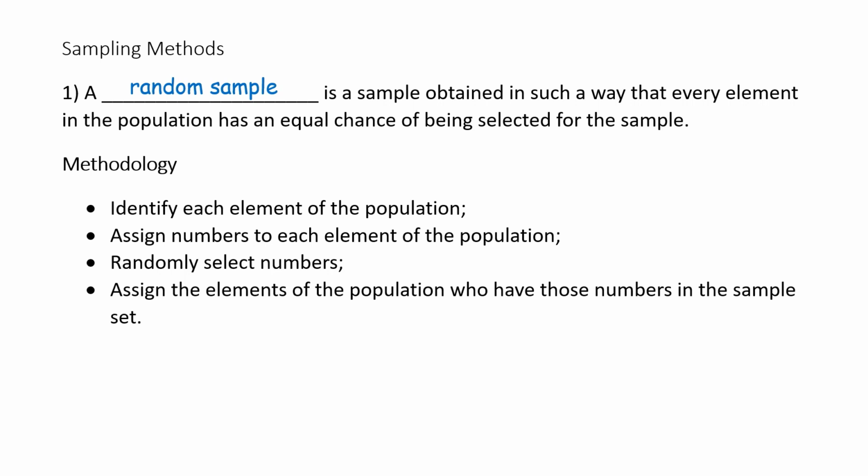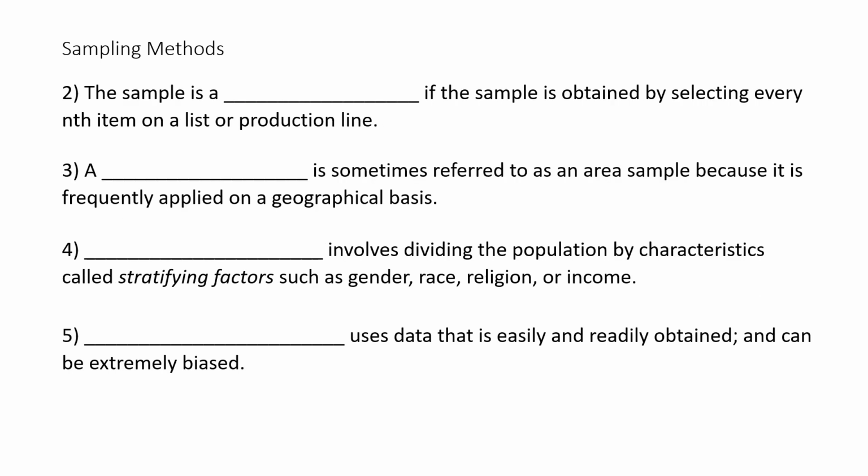The methodology: we must first identify each element of the population, then assign numbers to each element of the population, then randomly select the numbers, and finally assign the elements of the population who have those numbers to the sample set. 2. The sample is a systematic sample if the sample is obtained by selecting every nth item on a list or production line.